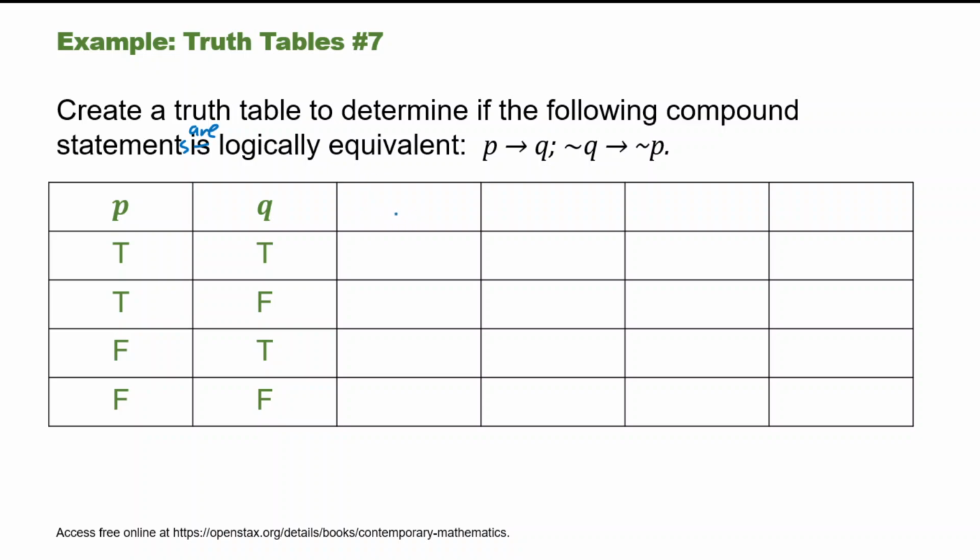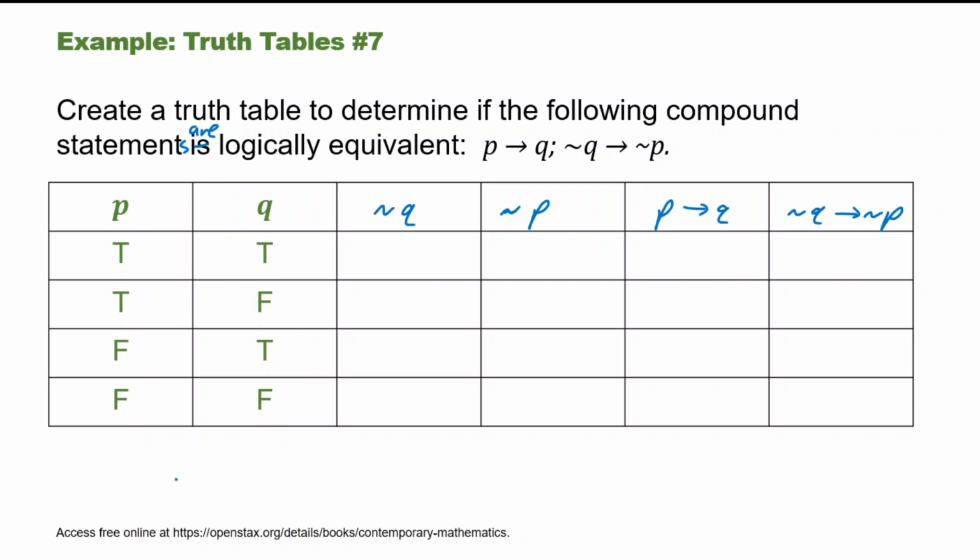So I'm going to go ahead and fill in the headers of this to be not Q and then not P, P implies Q and not Q implies not P, because these build up to our two completed statements in the last two columns.